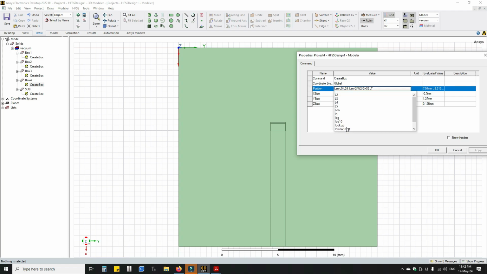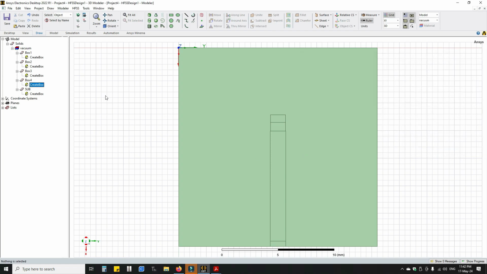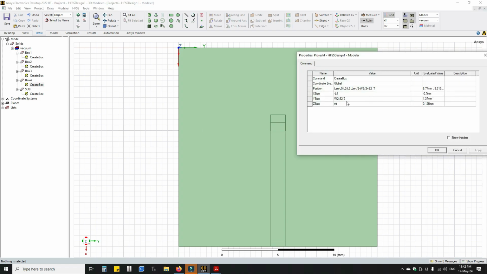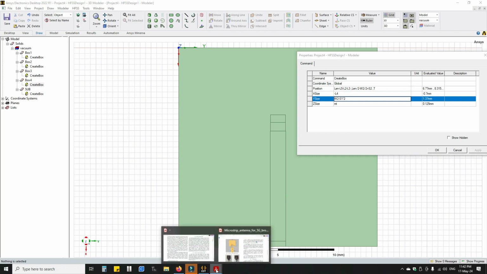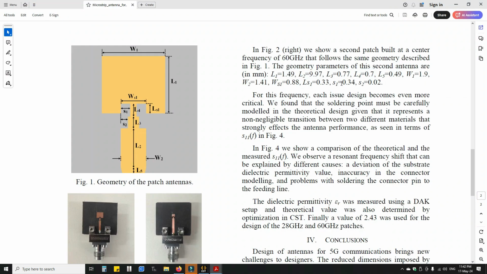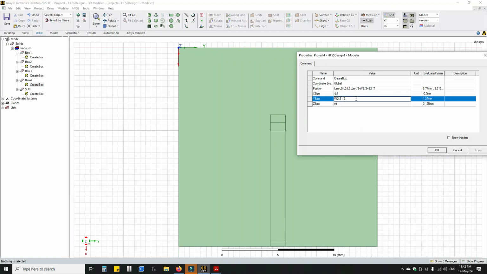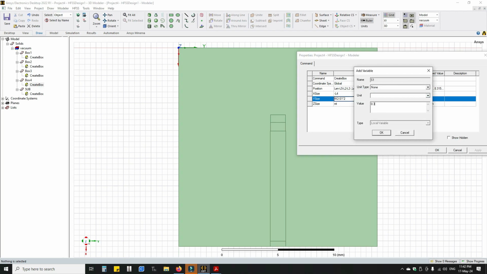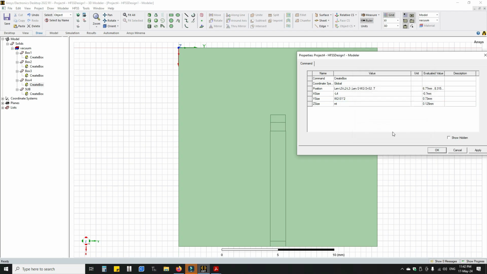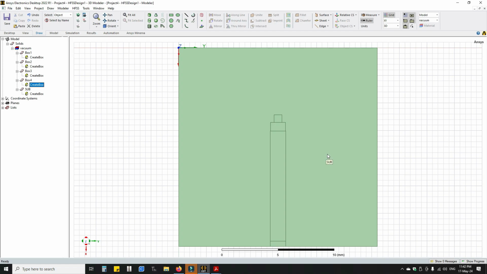Minus L3. We need to subtract the distance S1, which is how much? 0.34. S1 is 0.34 millimeter. Likewise here, S1. Great.